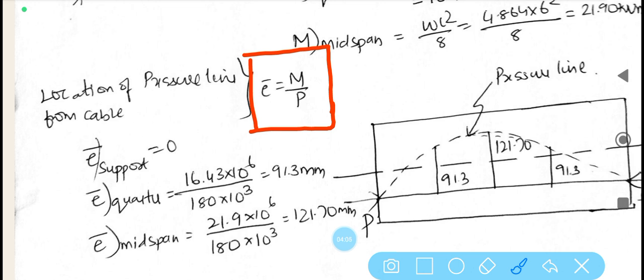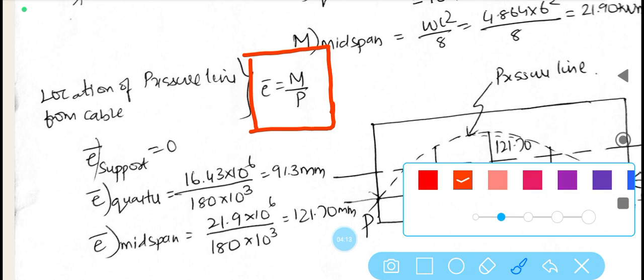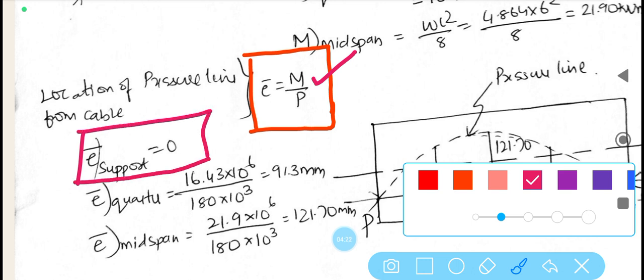So let us apply this equation at different locations. That is, let us apply it at first support. Since the bending moment at the support is 0, this is 0. And next we shall calculate it for quarter span.